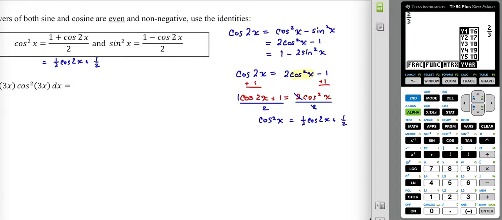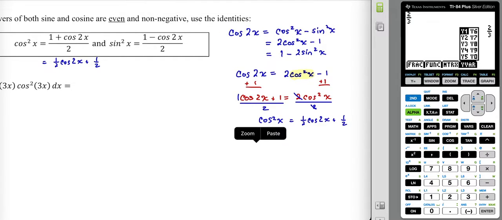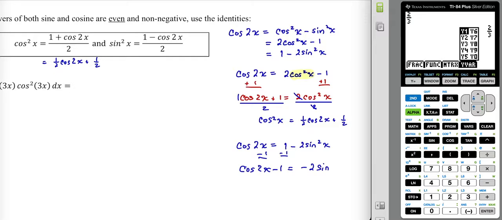So the same idea would hold true for the 1 minus 2 sine squared x. So I'd have cosine 2x set equal to 1 minus 2 sine squared x. And then I would solve for the sine squared of x. You see I'd subtract the 1, do it a little quicker this time. So cosine 2x minus 1 equals negative 2 sine squared x.